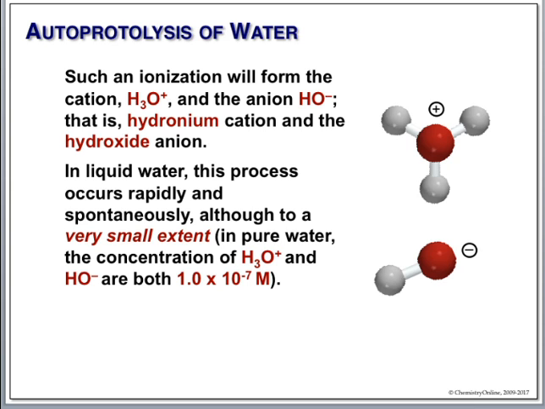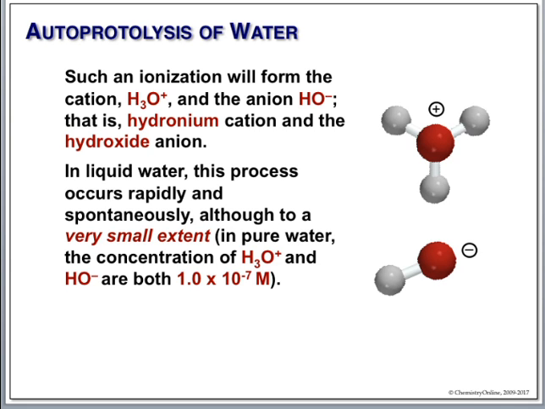Now, one of the key things that you need to understand is that anytime you have pure water at 25 degrees centigrade, that's room temperature right here, right now, this is going to happen over and over again. This is going to go up and go down very, very quickly.